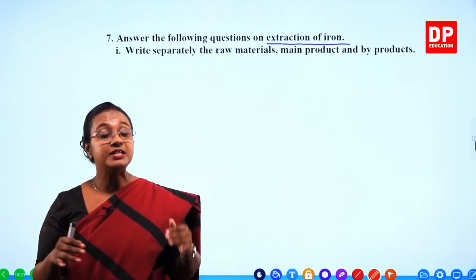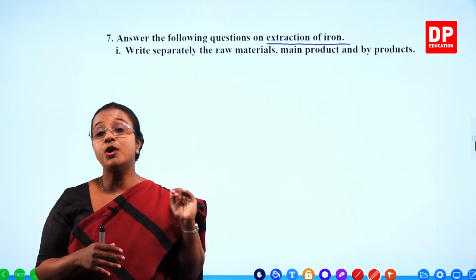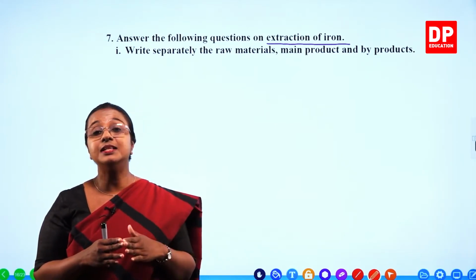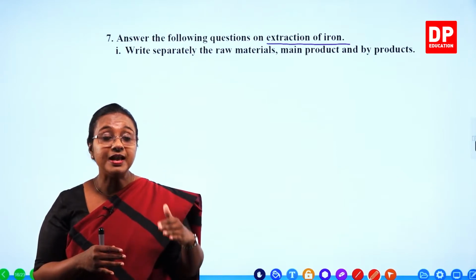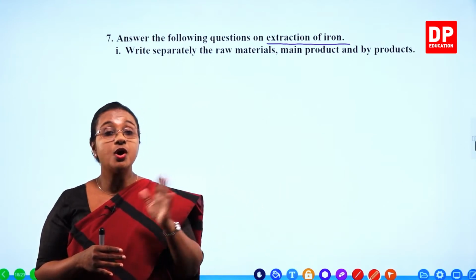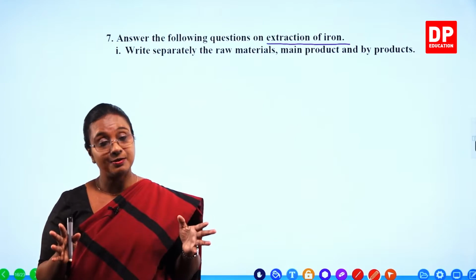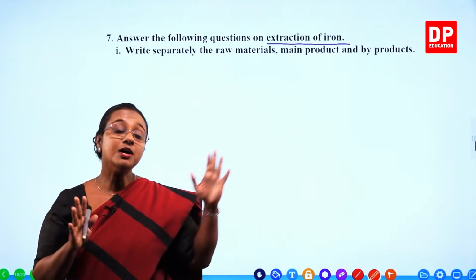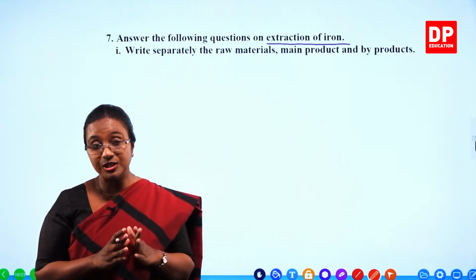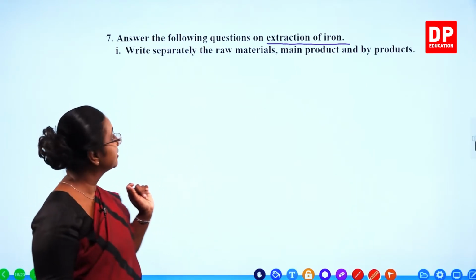And you all know, students, slag is useful when it is present over molten iron inside the blast furnace. It prevents further reaction of molten iron with impurities or oxidation of molten iron. So that becomes an advantage. You all can remember all the reactions related to this process. So now let us answer the questions given to us.